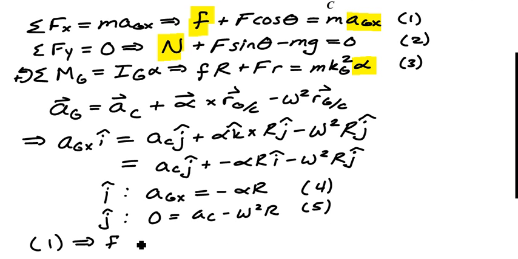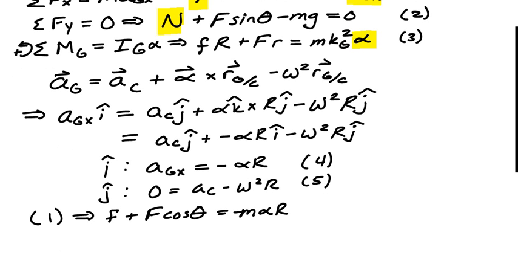If I do that I'm going to have f plus big F times the cosine of the angle theta is equal to m times a_gx, which is minus alpha r. I'm then going to take this and solve this for the friction force, little f, and so if I do that, little f is going to be minus F times the cosine of the angle theta minus m times alpha times r.